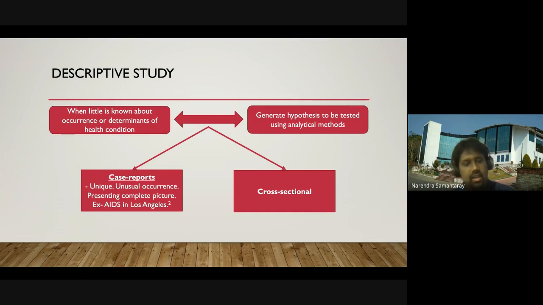Basically, two divisions are there: case reports and cross-sectional. As the name suggests, we might have read many case reports during our academic degrees. Case reports are those kind of descriptive study, and I'll give an example, then I'll come to the main description.